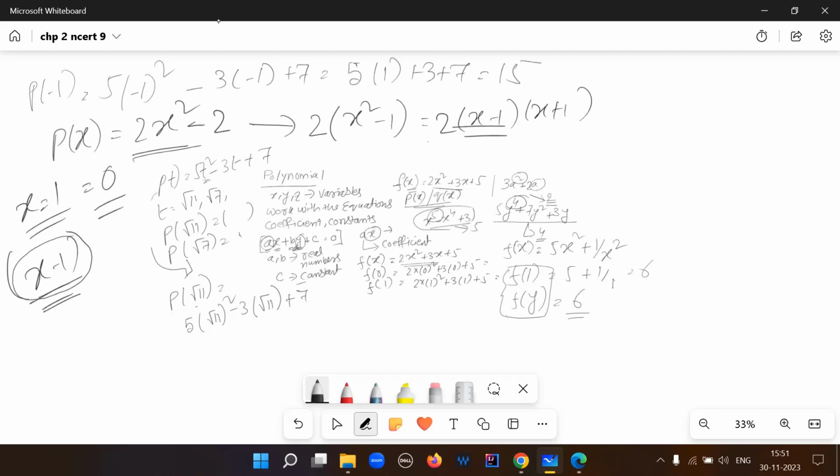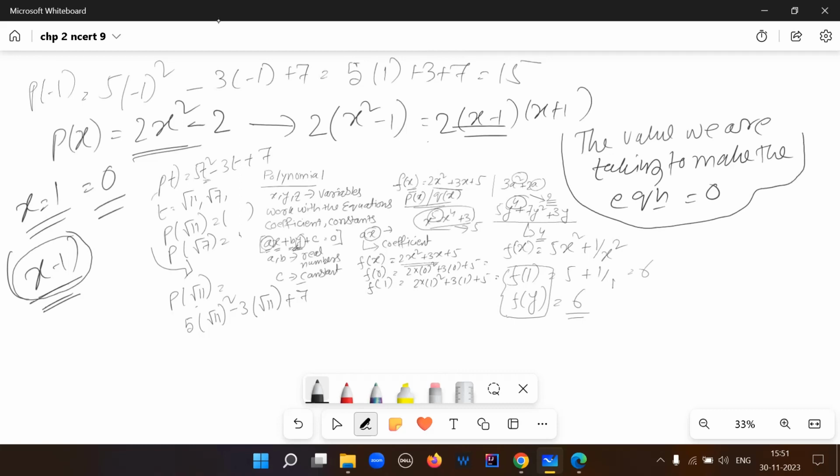So the value we are taking to make the equation 0 is the value by which the equation becomes 0.